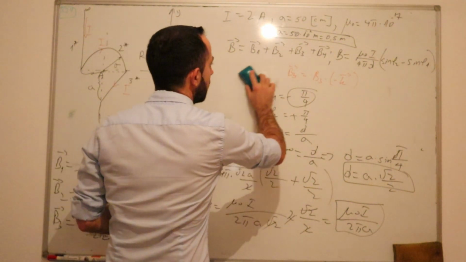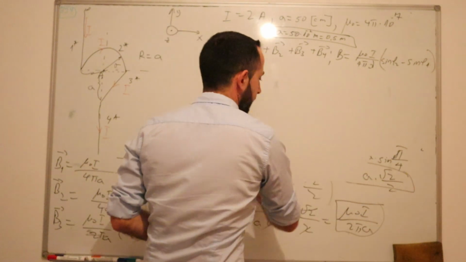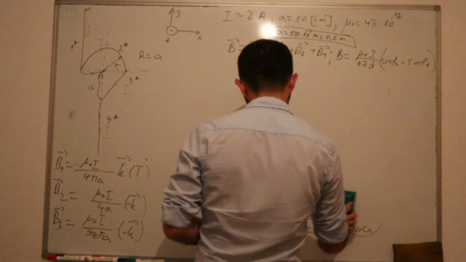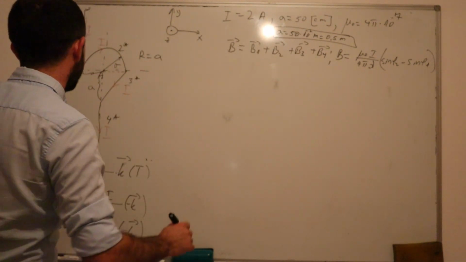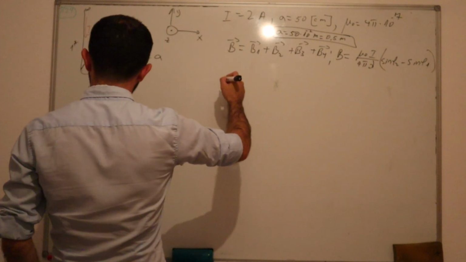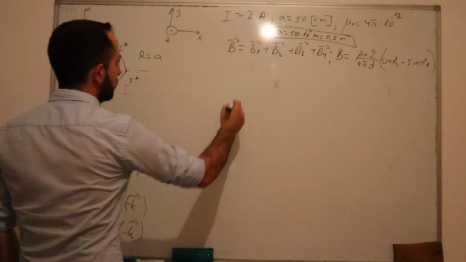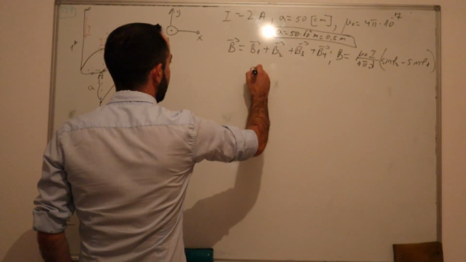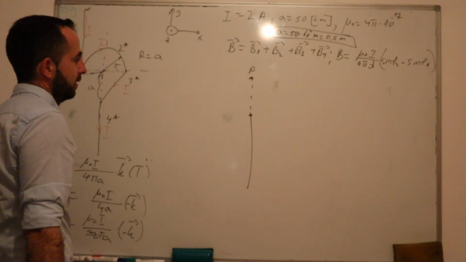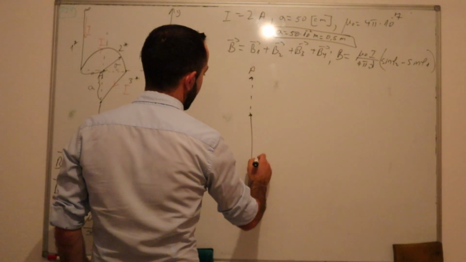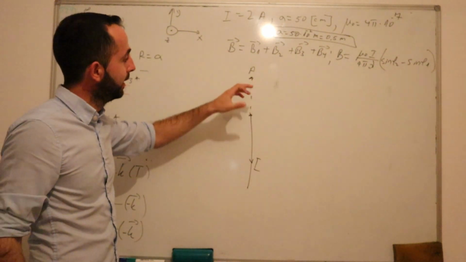And the next one, only one case is left. This case is for this conductor. What do we have? We have point A here, and we have the current I. So this is my point.